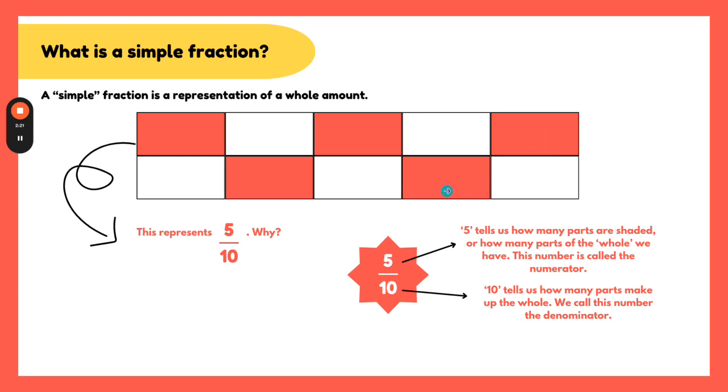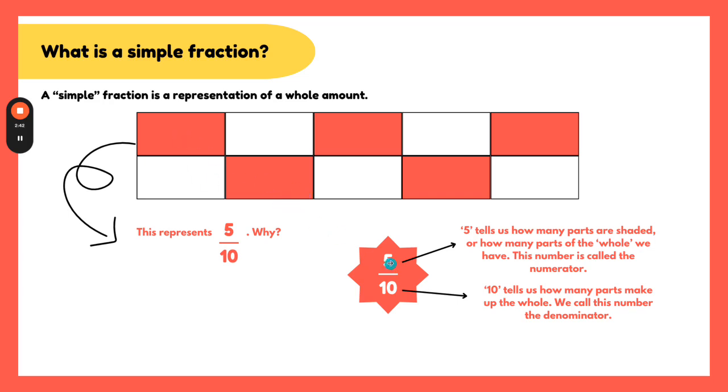And the 5 tells us how many parts of the whole we have shaded. This number is called our numerator.